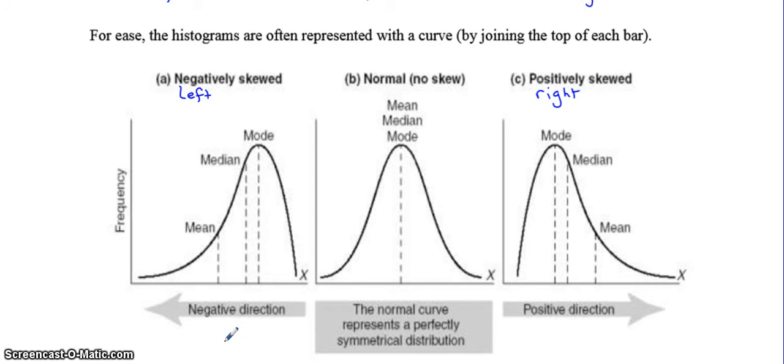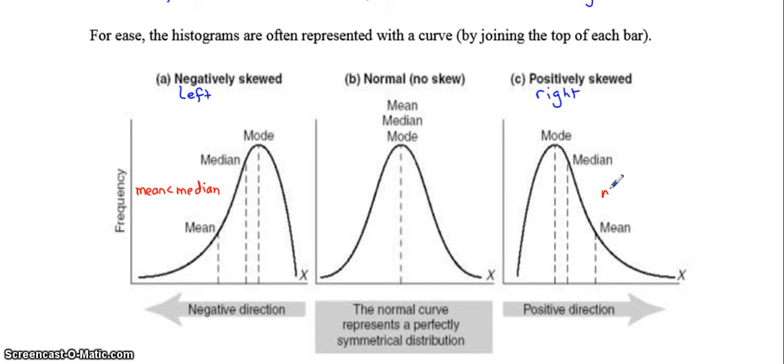The reason why this one is called a left skew is because the mean is less than the median. So all of these little values down here are pulling the mean down. And that's what's making the mean lower than the median. So because the mean is less than the median, it is negatively or left skewed.